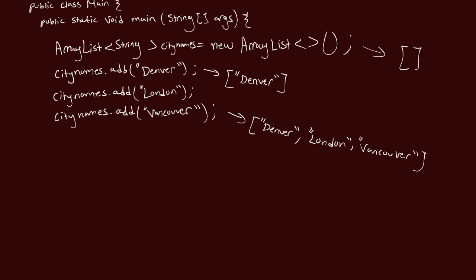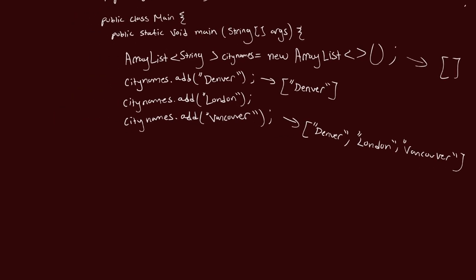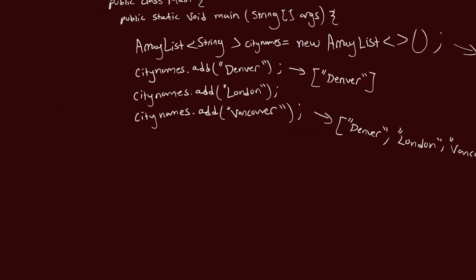Okay, now let's say I want to know the size of my array. What do I do? Well, you could, in a print statement, do System.out.println, find your array name, so cityNames, and you call the size method.